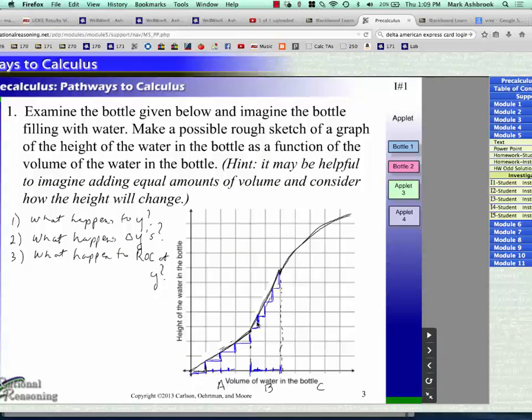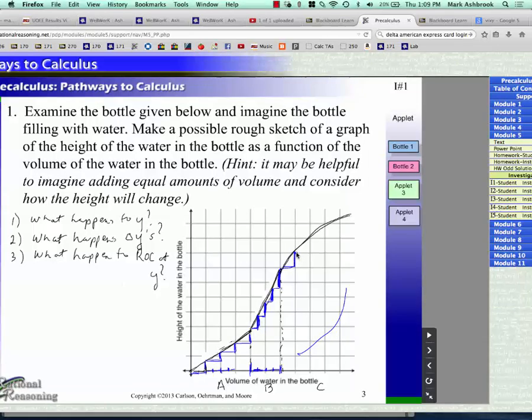Look, how does that compare with this? They're the same. This change here is the same as this, is the same as this, is the same as this. Okay? This is curved. All right. What about this part of the bottle? What about the changes here?